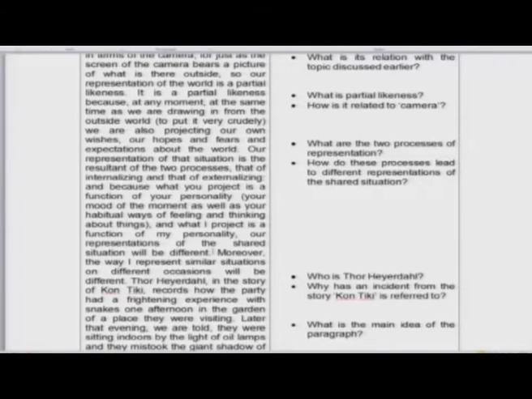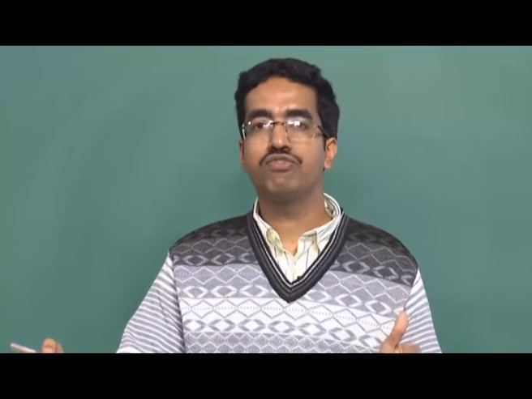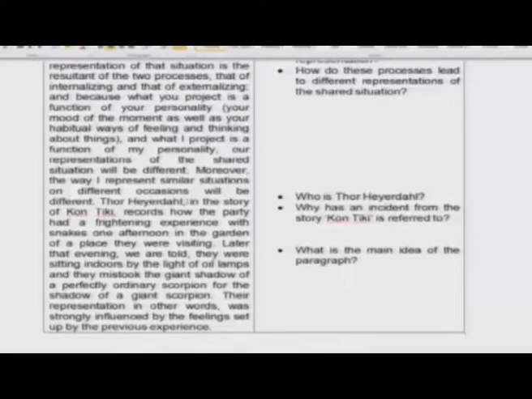So, as the writer mentions here, so going back here, our hopes, fears, expectations and so on. So, these things are projected onto what we see and these things differ from individual to individual and therefore, there is difference. Okay. Then here we find reference to a person, Thor.